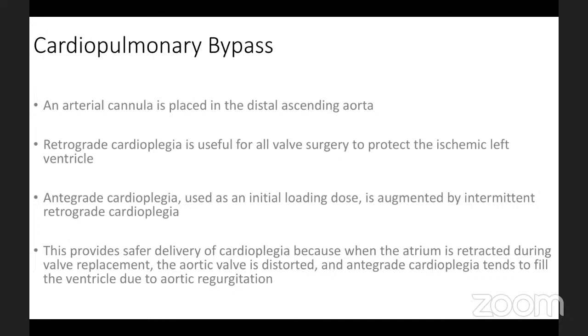Antegrade cardioplegia is used initially, then augmented by retrograde cardioplegia. This provides a safer delivery of cardioplegia, because when the atrium is retracted during the valve replacement, the aortic valve will be distorted and the antegrade cardioplegia will fill the left ventricle due to the aortic regurg.